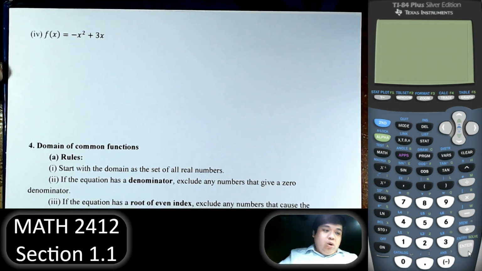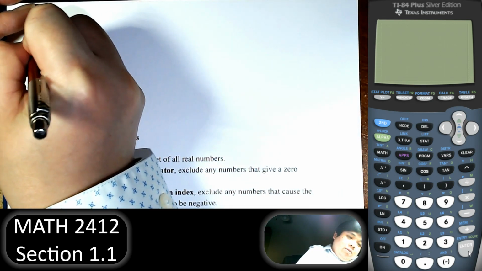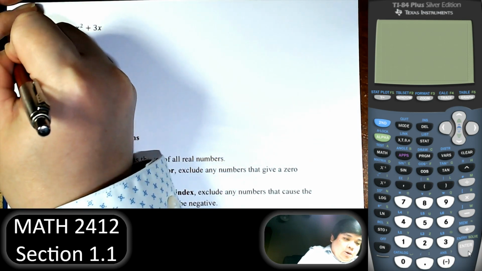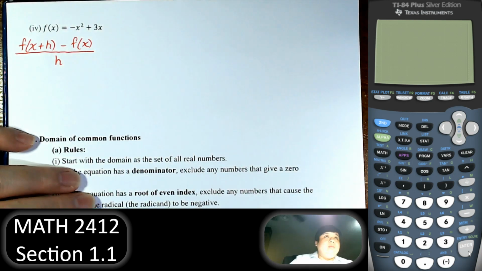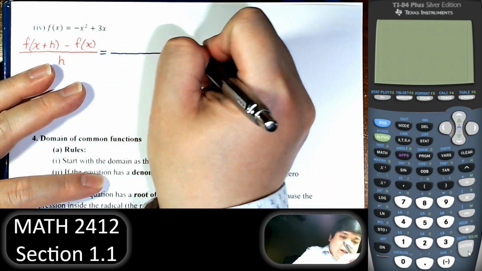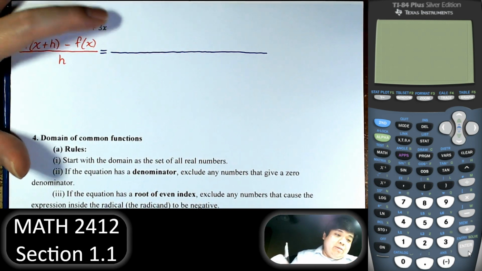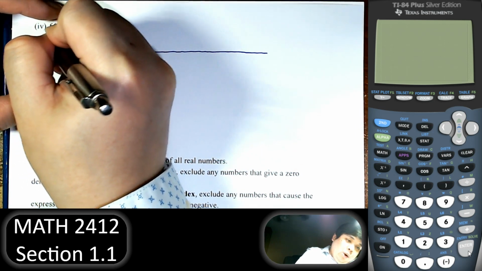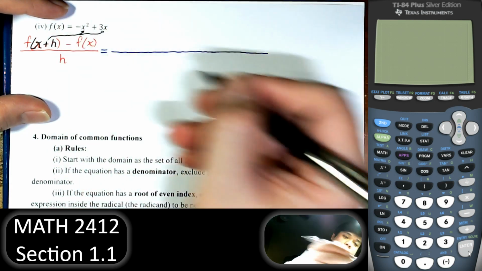Same thing, difference quotient for this function. f of x plus h minus f of x over h. The difference here is that the function has two different places for x. So when we substitute, we have to substitute into all the x's.